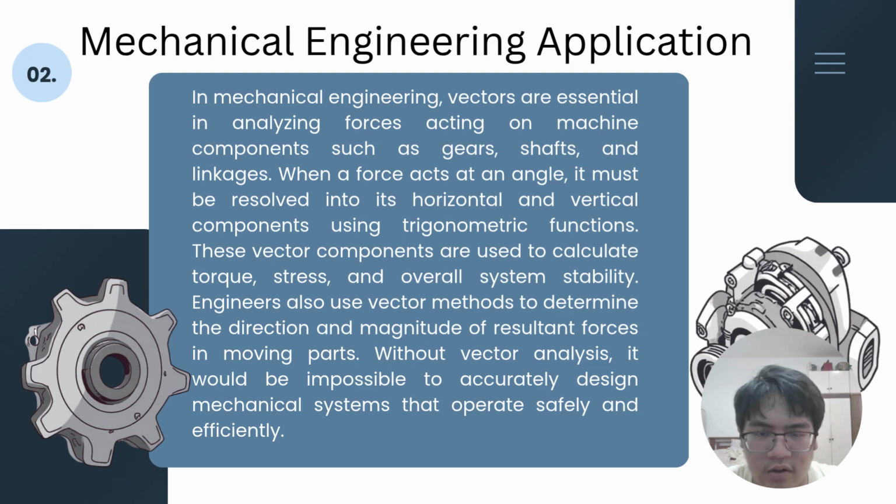These vector components are used to calculate torque, stress, and overall system stability. Engineers also use vector methods to determine the direction and magnitude of resultant force in moving parts. Without vector analysis, it would be impossible to accurately design mechanical systems that operate safely and efficiently.